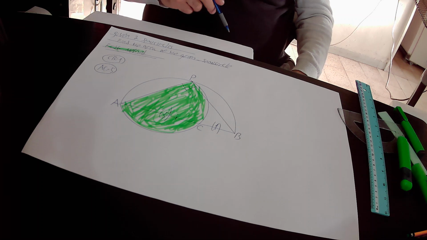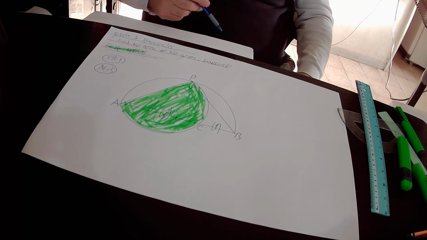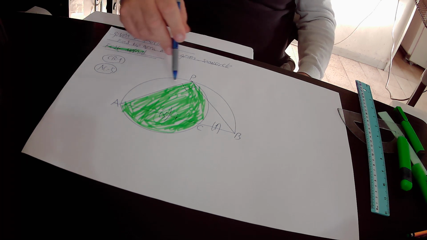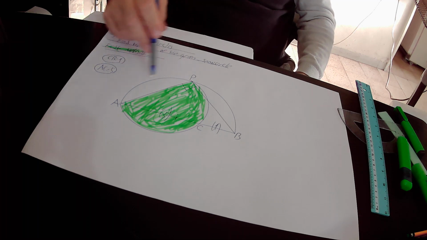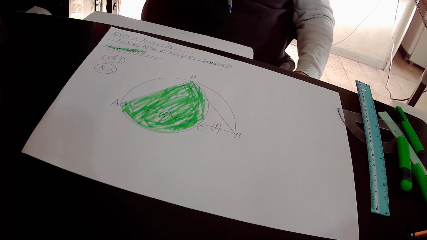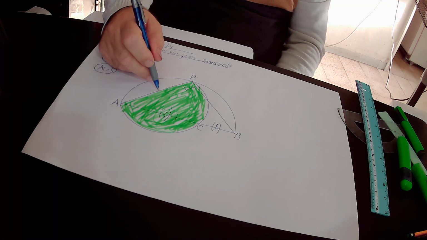And we know that the center of any circle or semicircle always lies on the diameter of the circle. Therefore, the center of this green semicircle must be somewhere between points P and A, because PA is the diameter of this green semicircle.